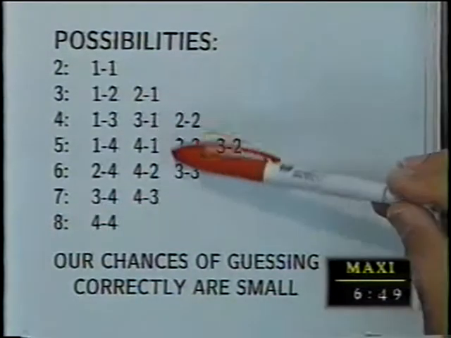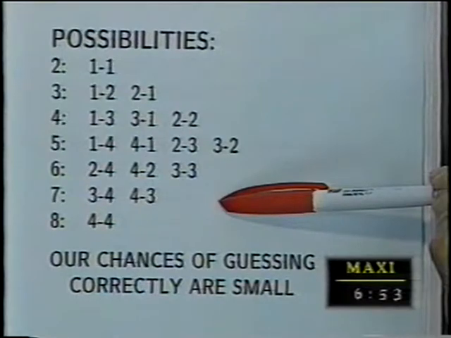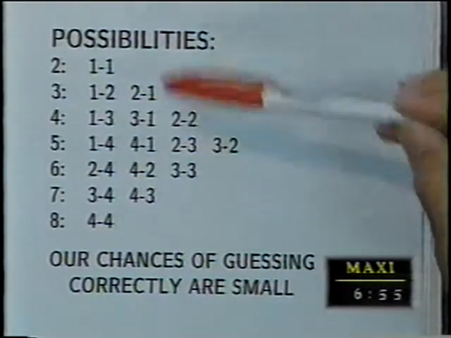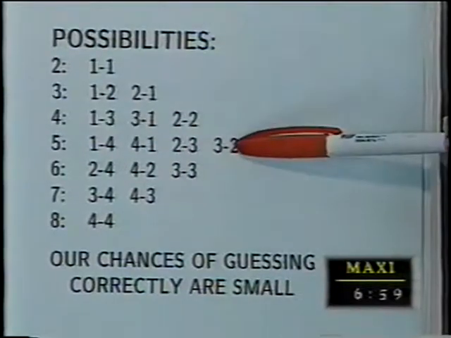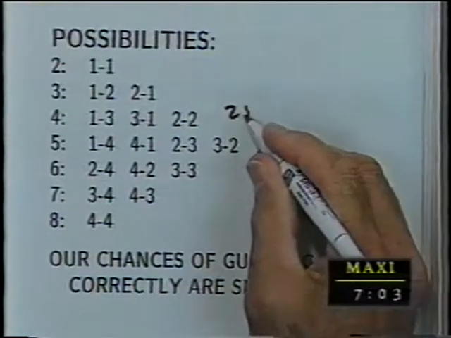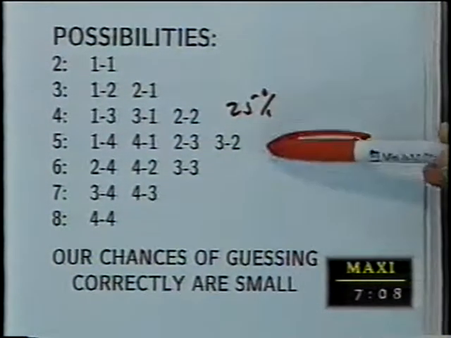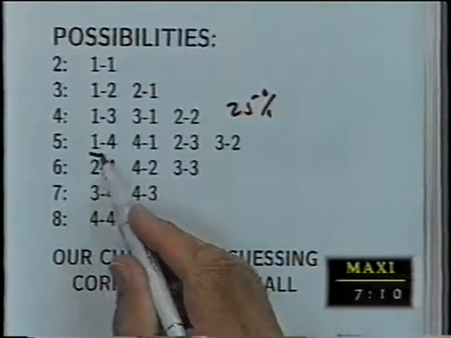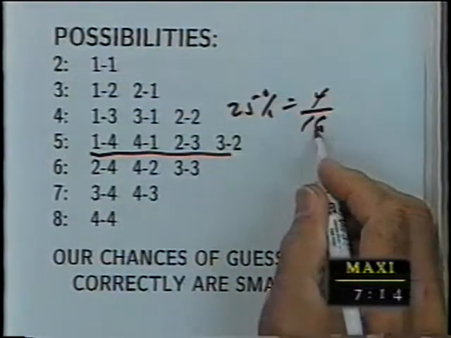If these 16 possibilities are equally likely, and they would seem to be if the dice were just even numbers sitting in the pile, then I have 16 different situations I could have, 4 of which are this. At best, if I picked 5 all the time, the best I could do is 25%. I could guess right about 25%, because 25% of the time I would be in this situation. 4 out of 16.